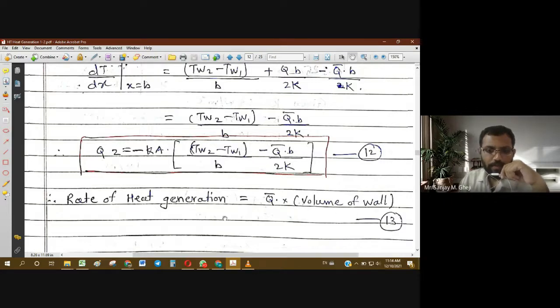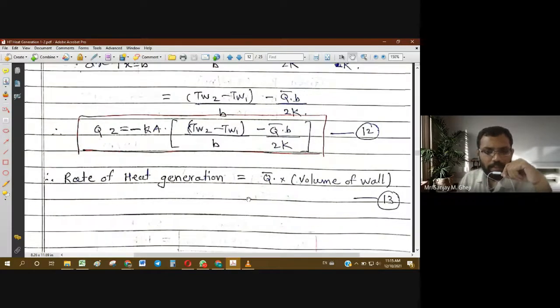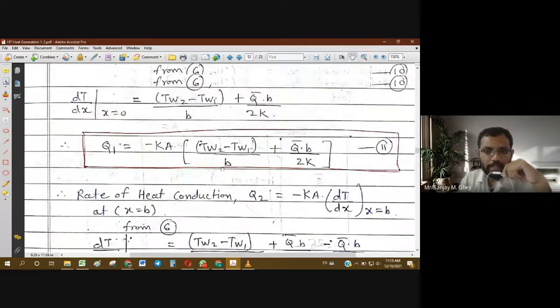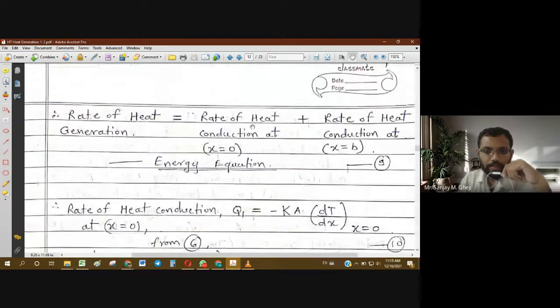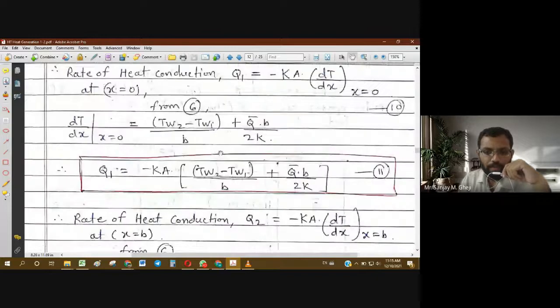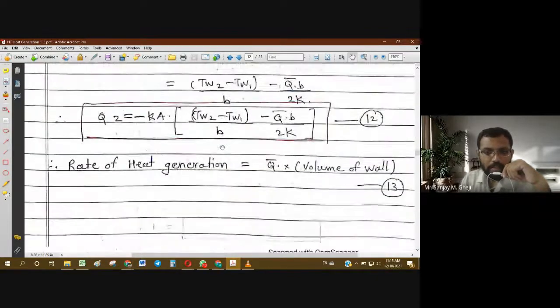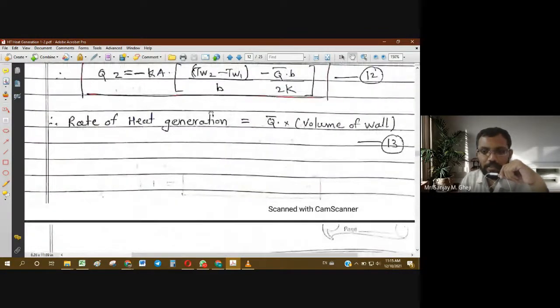We know the dimensions such as length, width, and thickness. Multiplying those, we get the volume of the wall, and thereby the total rate of heat generation. That will be exactly equal to the addition of these two, Q1 and Q2. So that checks and balances the energy equation here.